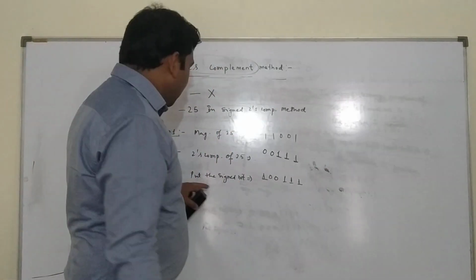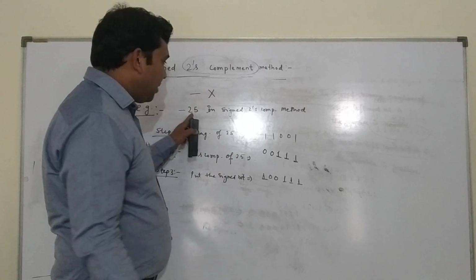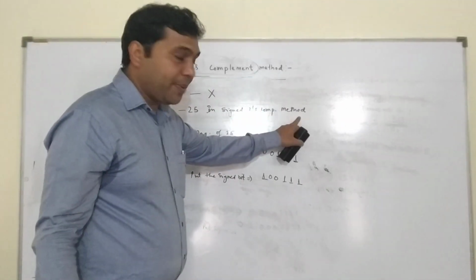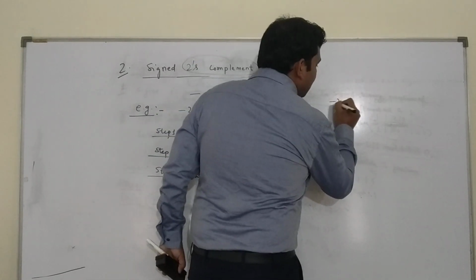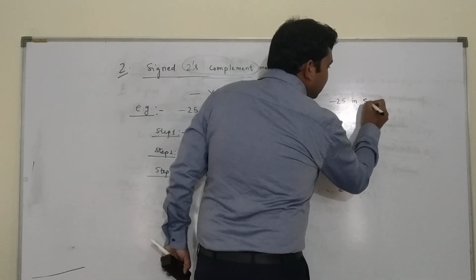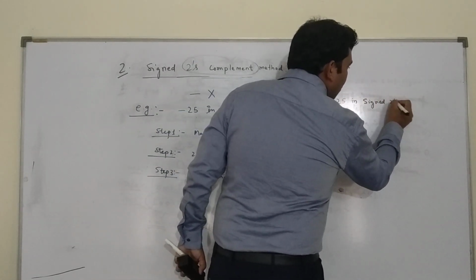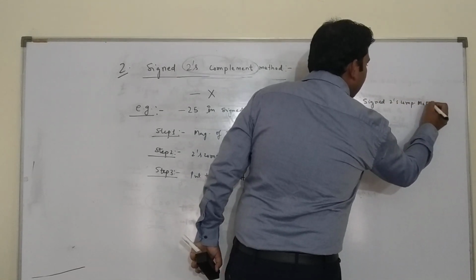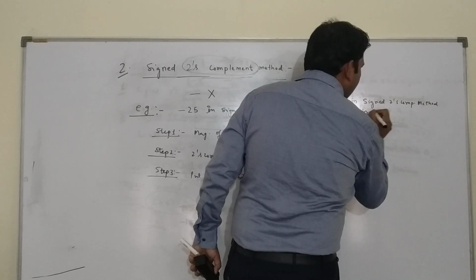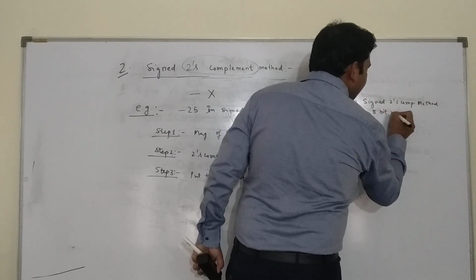Now suppose you wanted to write again minus 25 in signed twos complement method, but in 8-bit representation. How to write?